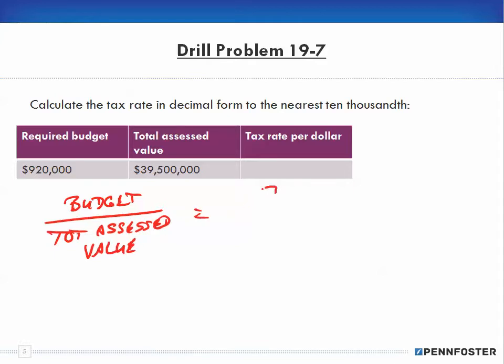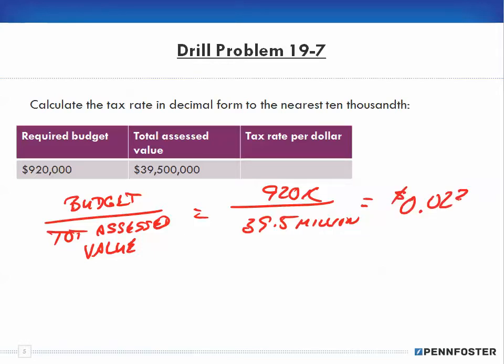So we're looking at 920,000 divided by the 39.5 million. And that gives us 0.0233. That's our tax rate.